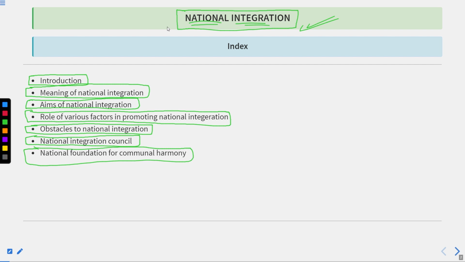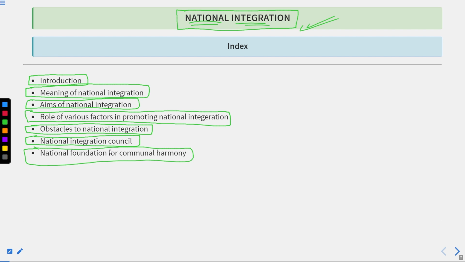Whether it's an introduction, it's the same. Whether it's the meaning of national integration, it's the same. Whether it's the aim of national integration, the same. Whether it is the role of various factors that we use to promote national integration, that is the same. Obstacles that we have in promotion of national integration.